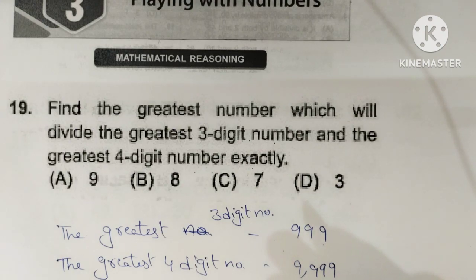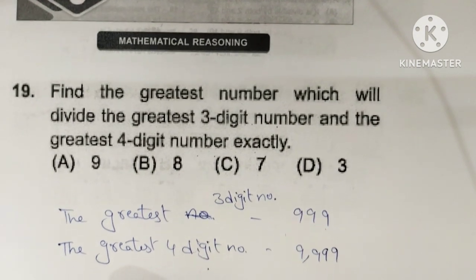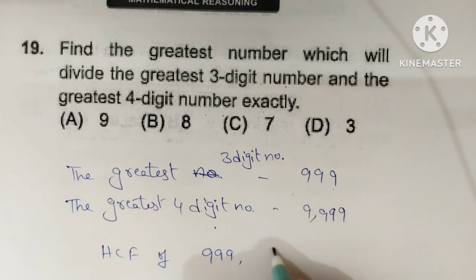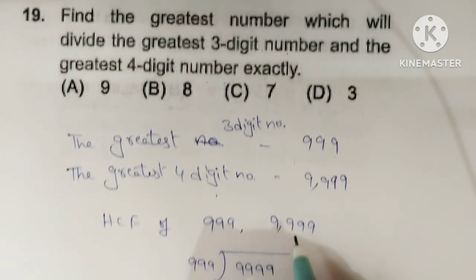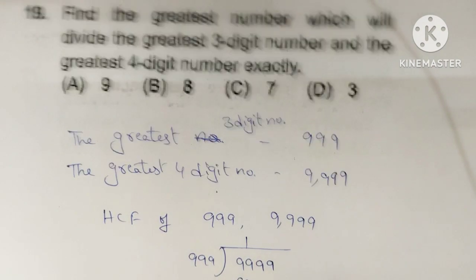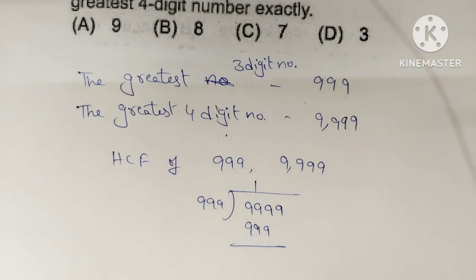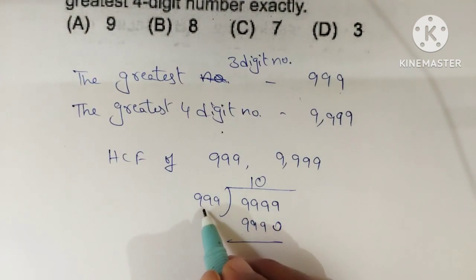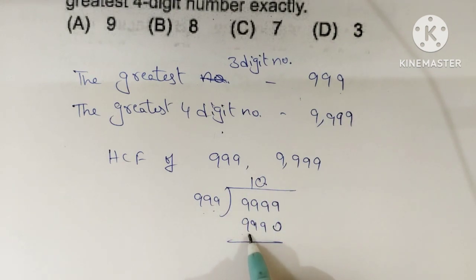Now let us find the HCF of 999 and 9999. 999 tens are 9990.